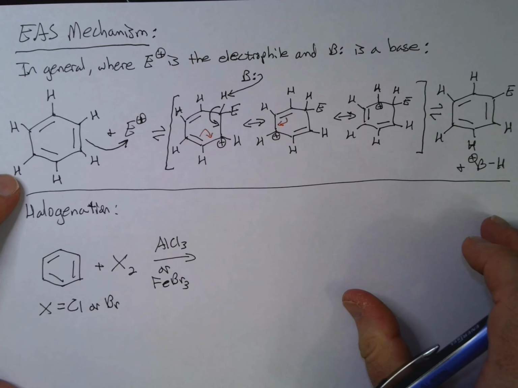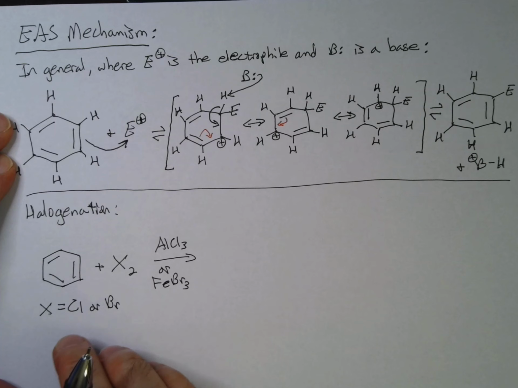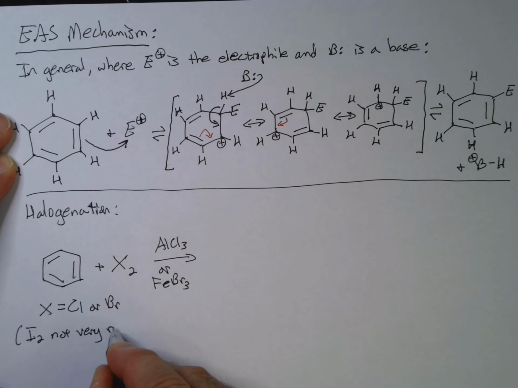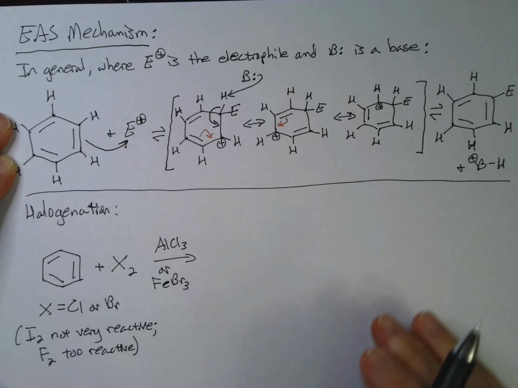So typically we'll only do a chlorination or a bromination. I2 is not very reactive, and then F2 is too reactive. That is, it's difficult to control.